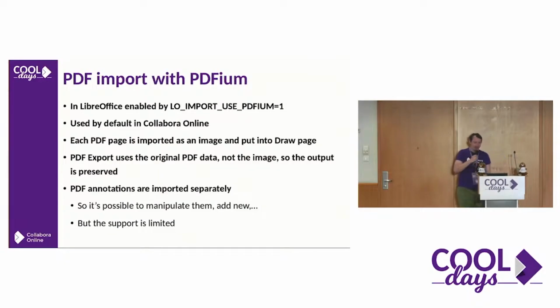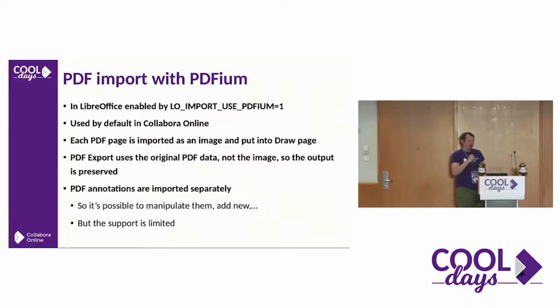So what you can do in LibreOffice and Collabora Online is import the PDF with PDF view. When you do this, each PDF page is imported as a draw page inside Draw, and the PDF is actually an image on the draw page.